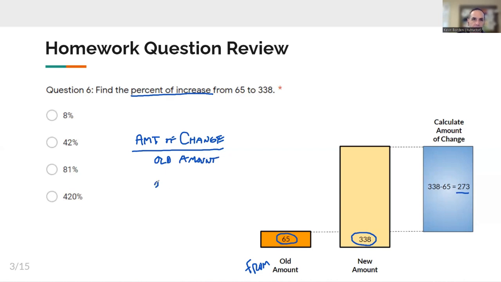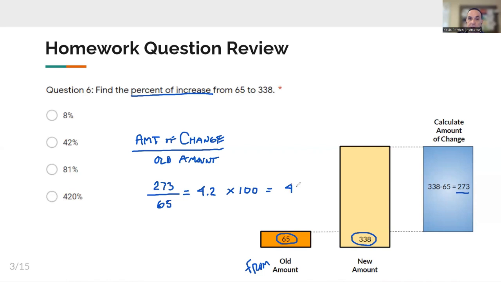So 273 is the amount of change, and 65 is the old amount. Now, you might get a number here that just doesn't quite seem right. When we're dealing with percents, usually we're not talking about numbers more than one, but in this case, we are. And we still have to multiply that by 100 to turn it into a percent.